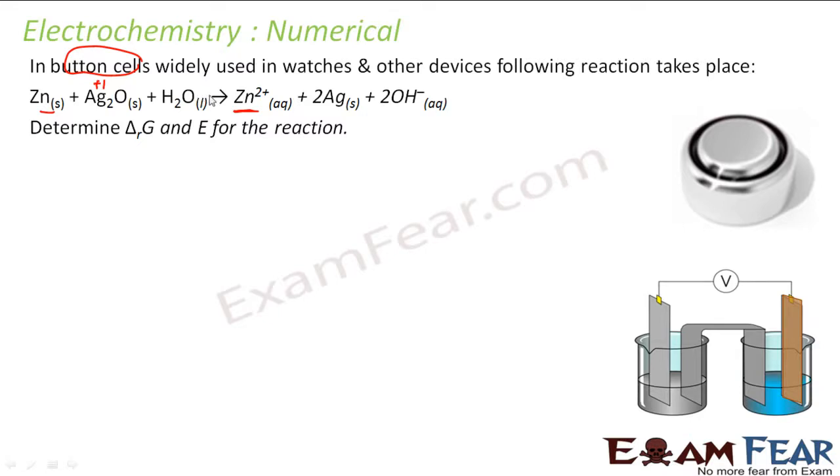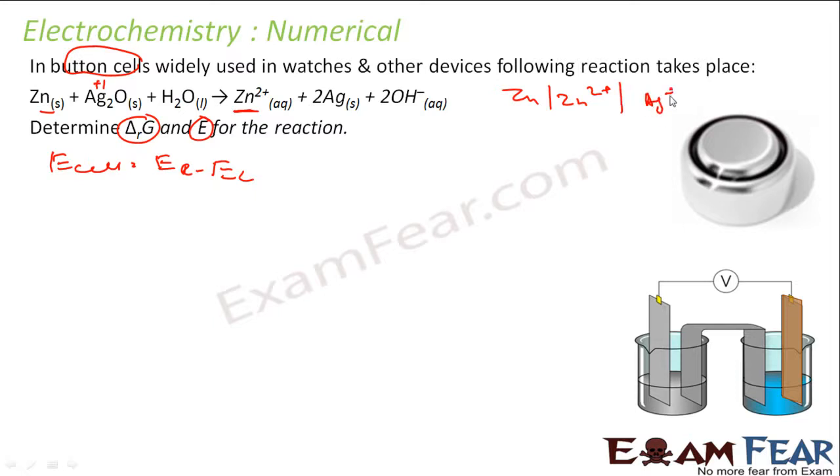Now we have to find the delta G and E. So E cell will be what? E right minus E left, correct? If you want to write this equation, zinc is oxidized to Zn2+ and Ag+ is reduced to Ag, correct? That's what is happening.